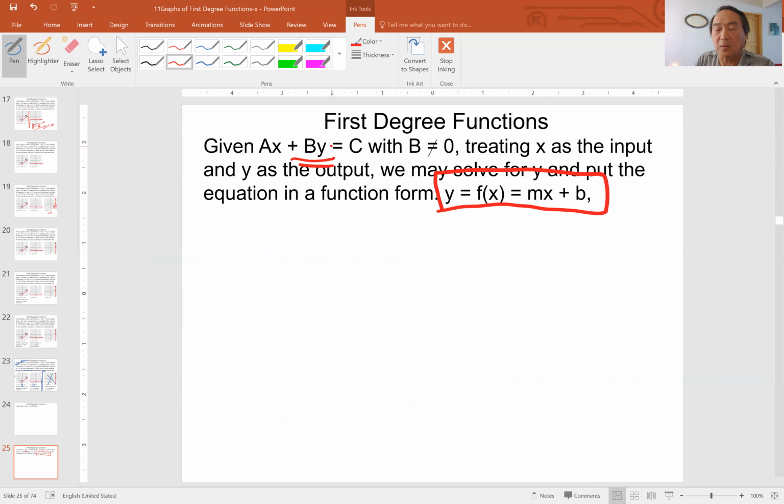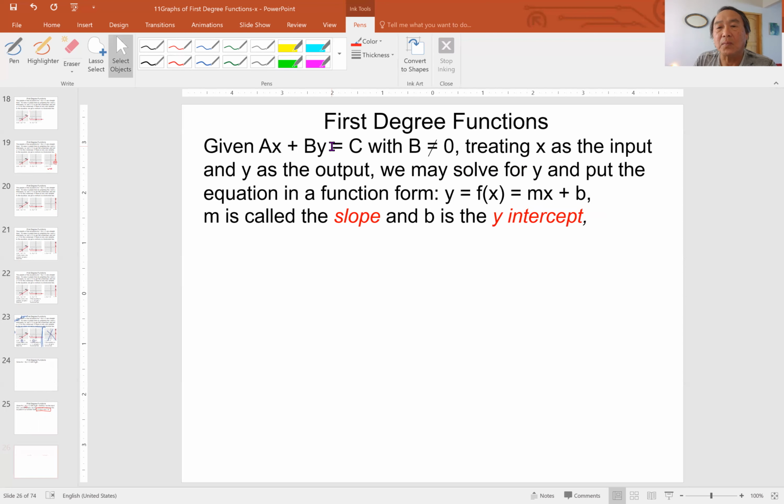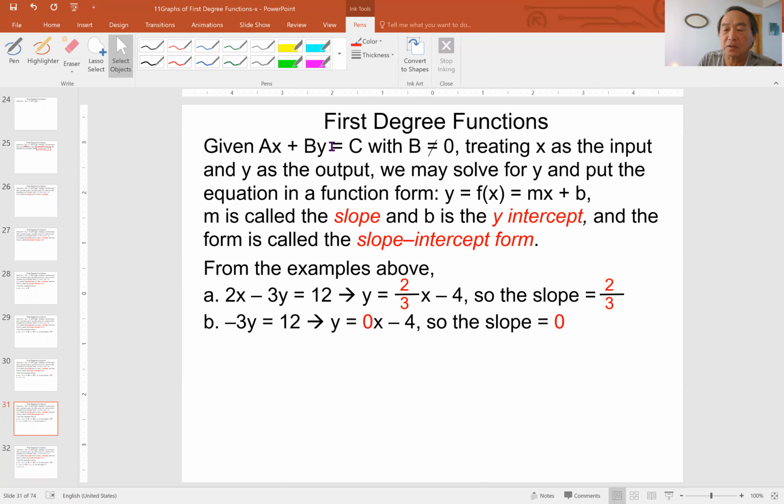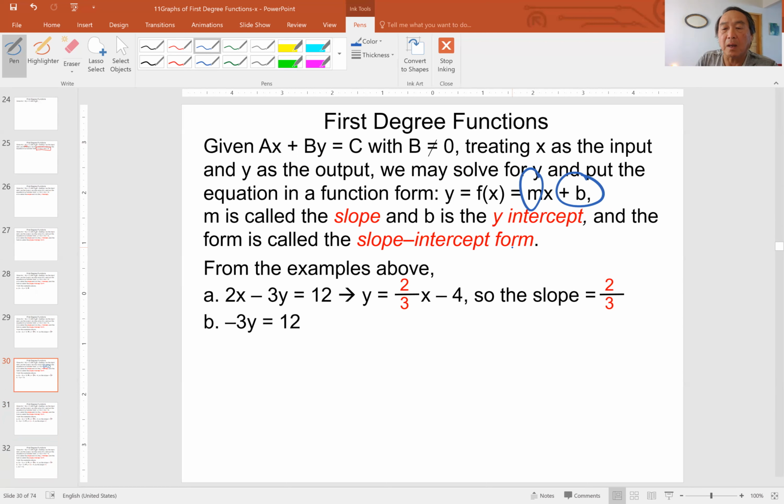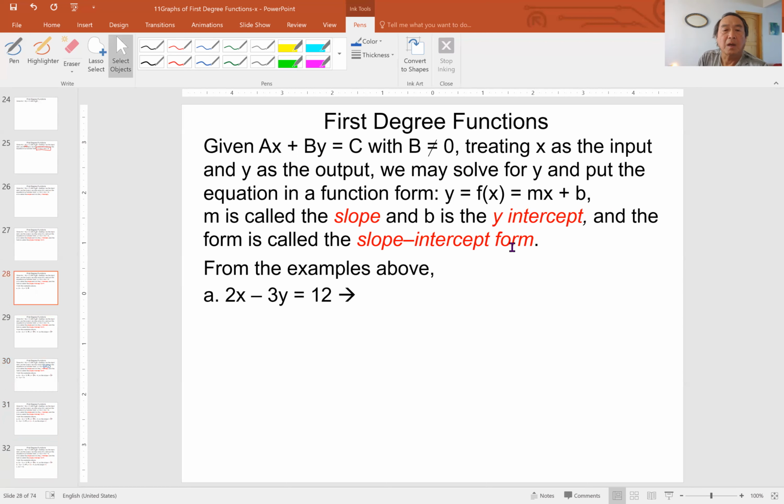With the term y present, this is called the slope intercept form. Because the number m in the front is called the slope, and the number b is the intercept. So, for example, here is a linear equation, and this is a function.